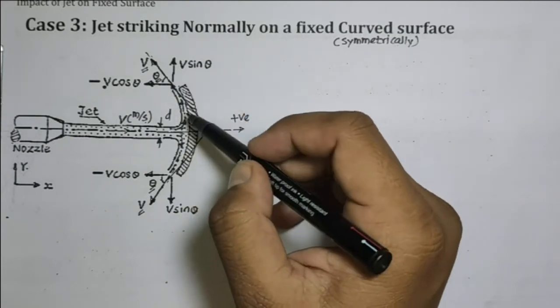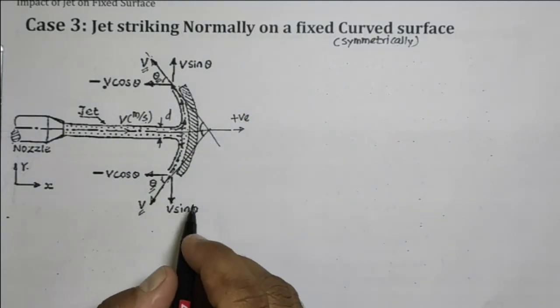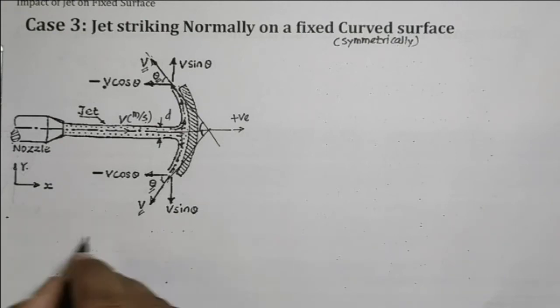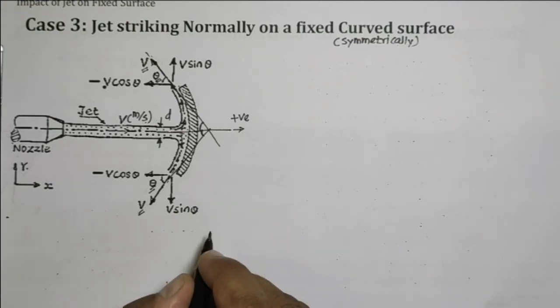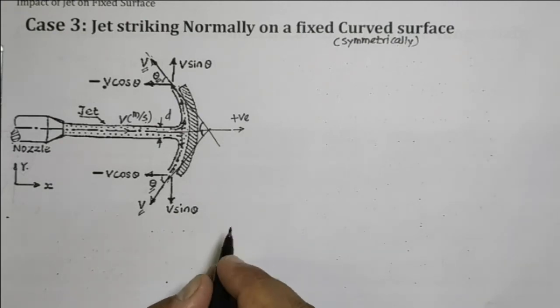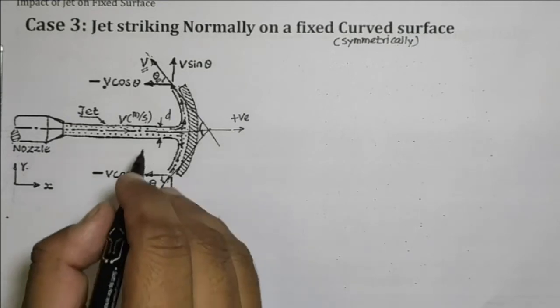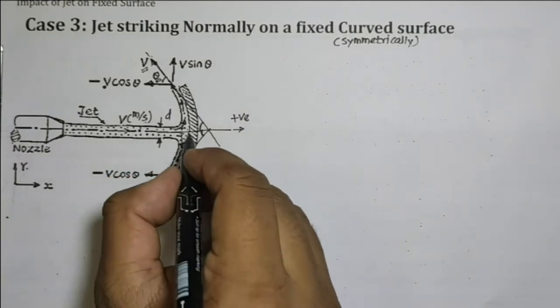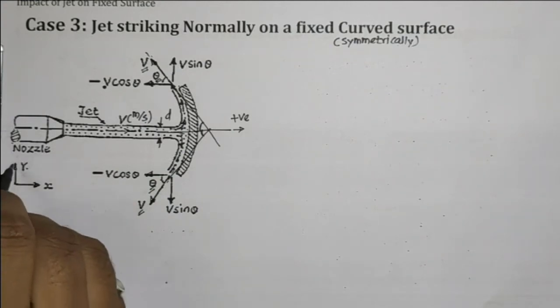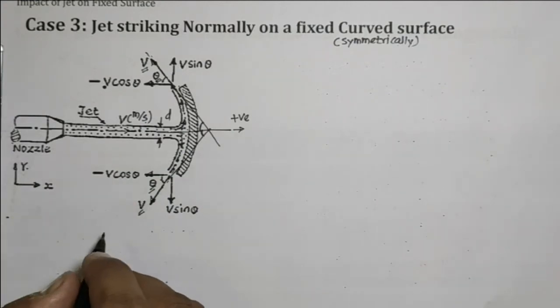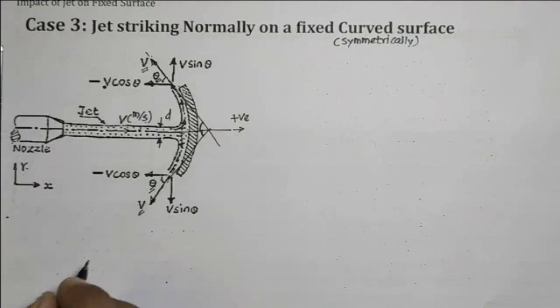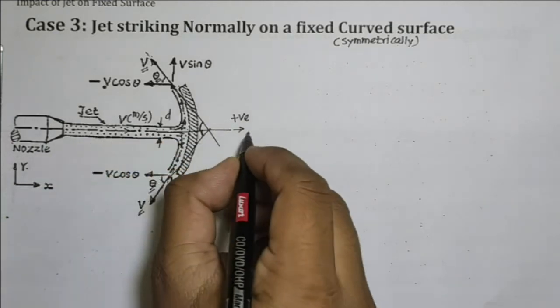So velocity will remain constant. Now we will write down the equation for force. We have two types of forces, one along the x direction and another along the y direction. First we have the normal force.